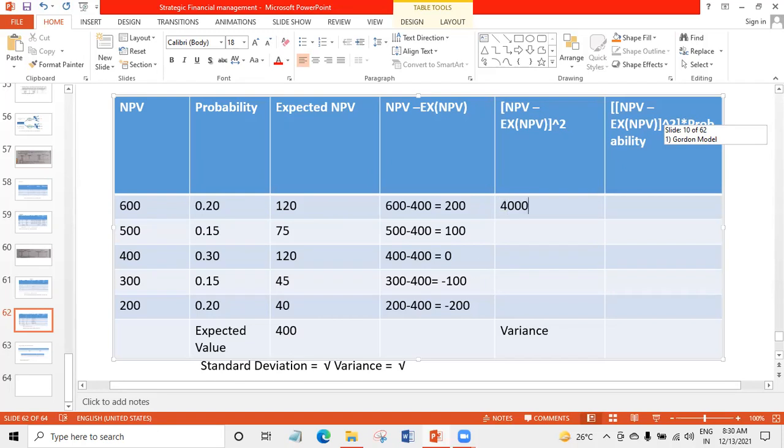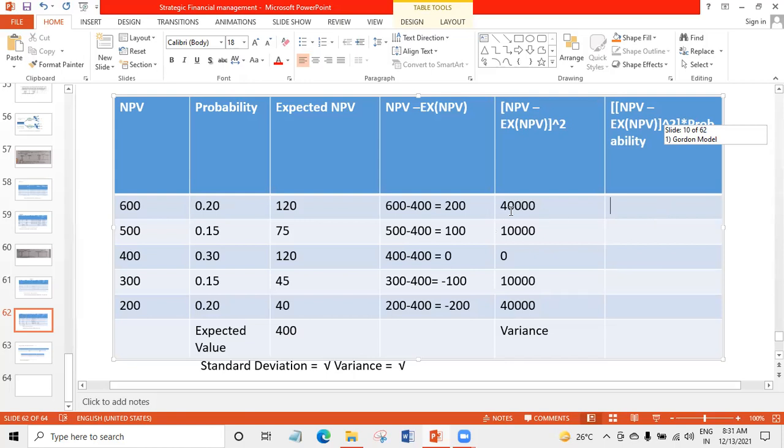Square of 200 is 40,000. Square of 100 is 10,000, and square of minus 100 is 10,000.